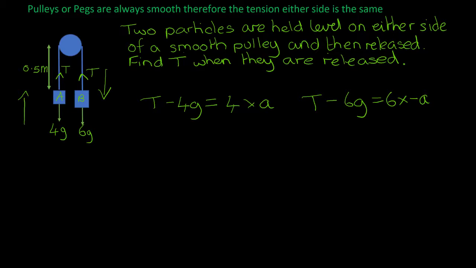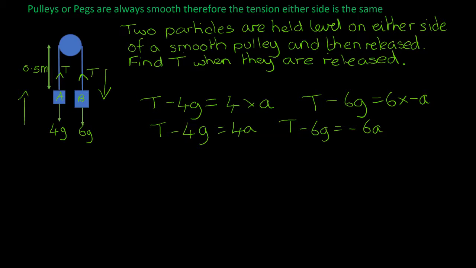In order to do that, let's just tidy these up a little bit first of all. So we've got T minus 4G equals 4A, and T minus 6G equals minus 6A. So simultaneous equations, because we want to get rid of the A, we want to make those the same value, so we're going to turn them both into 12A.